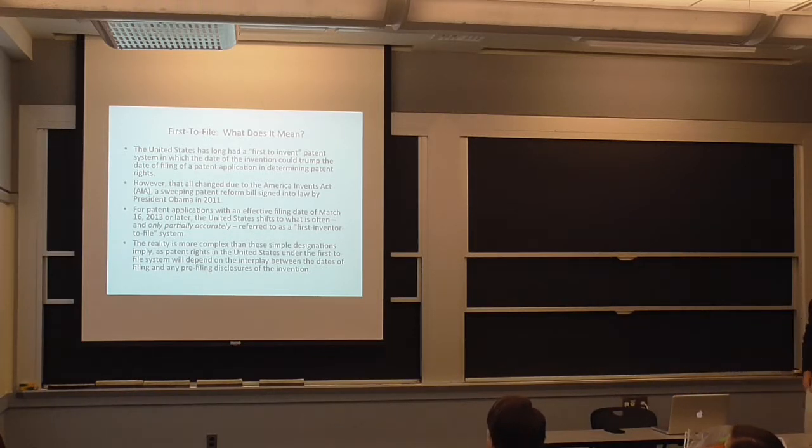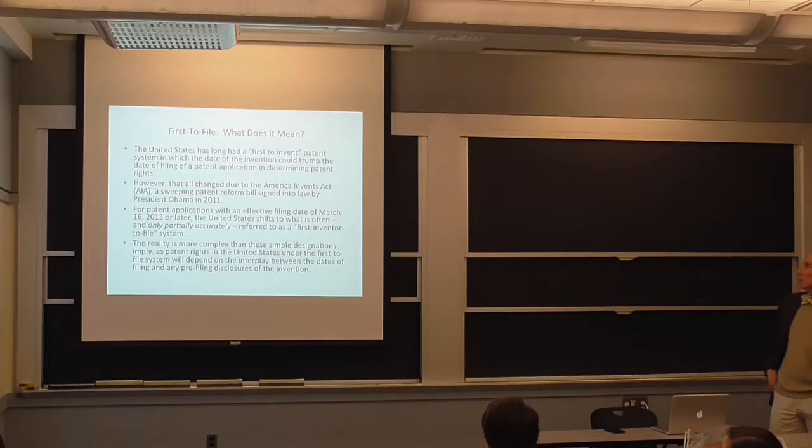So first to file, what does it mean? As we mentioned, the United States has long had a first-to-invent patent system in which the date of the invention could trump the date of filing of a patent application in determining patent rights. However, all that changed under the AIA, which was signed into law by President Obama in 2011 and took effect in 2013.